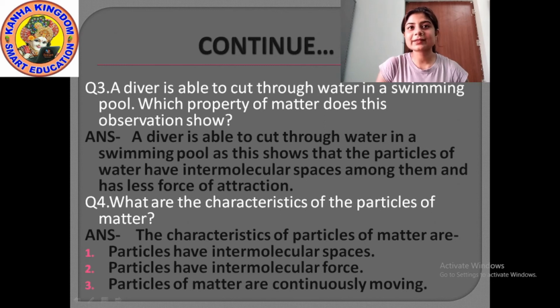Now question number 4. What are the characteristics of the particles of matter? The answer is, the characteristics of particles of matter are: number 1, particles have intermolecular spaces. As I told you, solid, liquid, gas, everyone has intermolecular spaces between the particles.